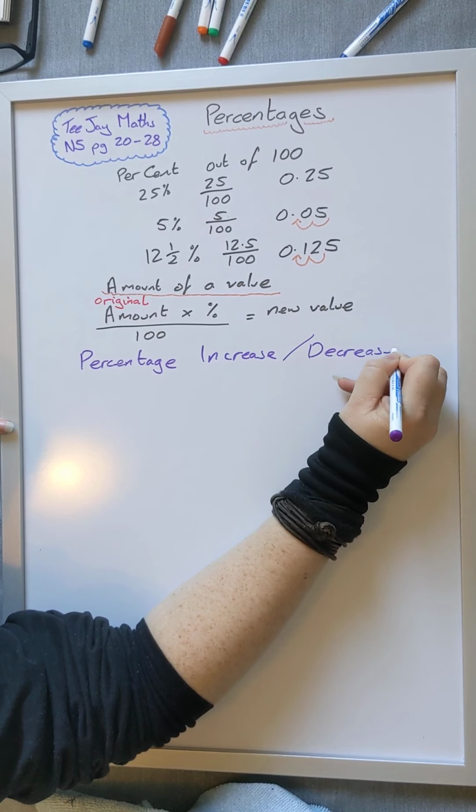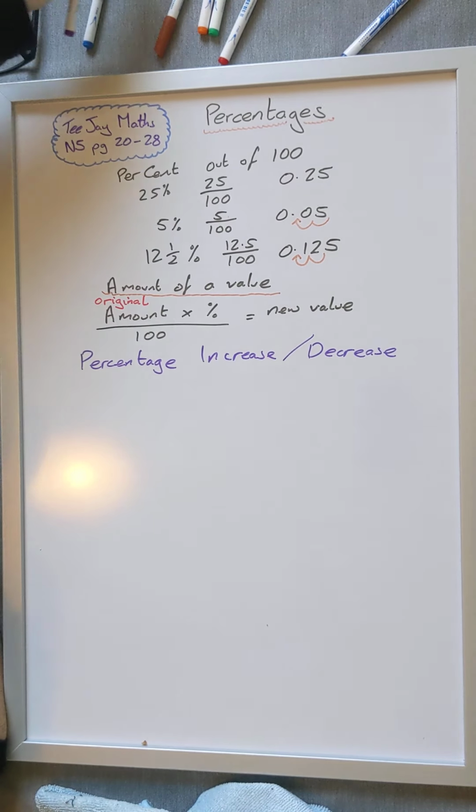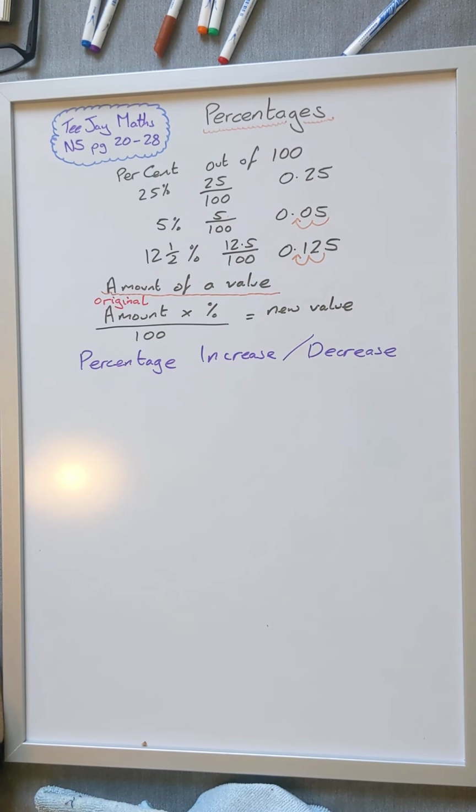It's the same technique as we've used here, but we're going to use our decimals very slightly differently. We want to first of all figure out what percentage we're looking for, and then we'll take it to the step of finding the answer, the new value.